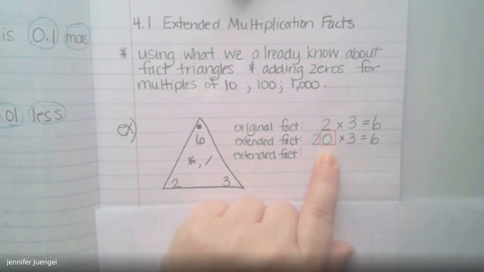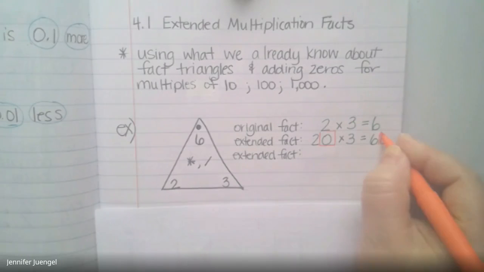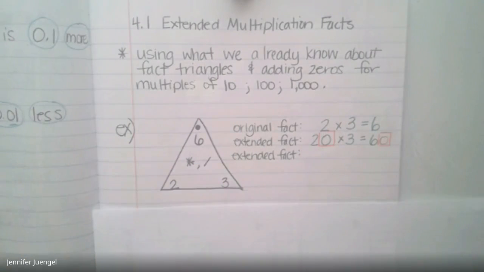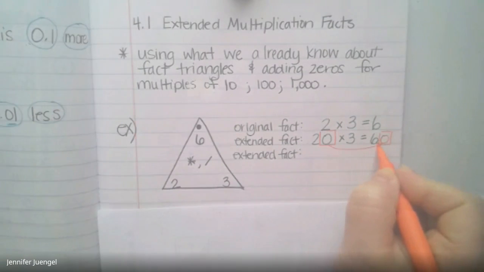But because I added 1 zero to one of my factors, my product also needs 1 zero. So now I can see that that 1 zero is going to transfer itself also to my product.